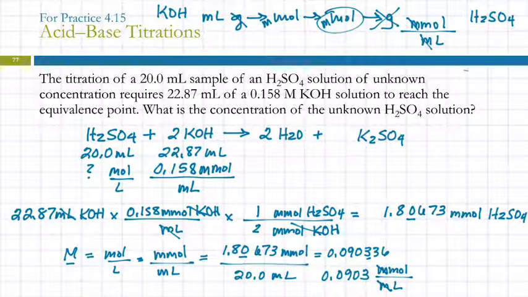I see a lot of craziness when students convert milliliters to liters. So I talked to the other class about this. I'll talk to you about this as well. Obviously you can do the whole writing it out thing, milliliters on the bottom, liters on the top, and here's the 10 to the minus 3. It's a little tedious. Milliliters to liters, it's always just moving the decimal point 3 places.